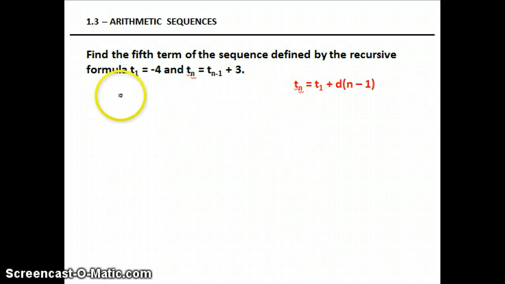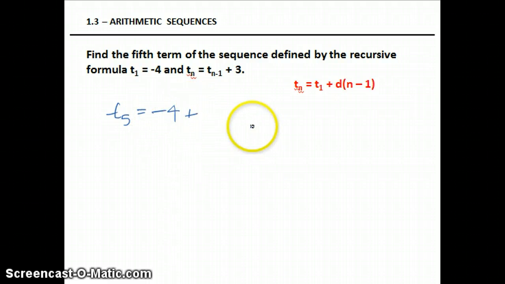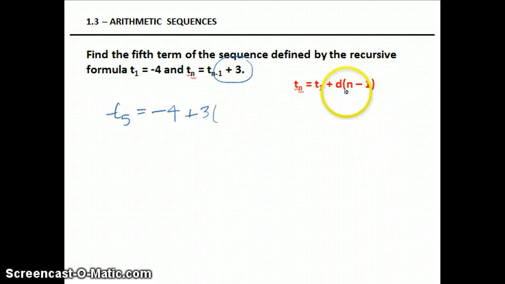We need the fifth term, so we are finding t sub 5 equals t sub 1, -4, plus, we need a d. Well, if we look at our recursive formula, it tells us that our d is going to be 3. So we do 3 times n minus 1. Yeah, we know what our n is. It's our fifth term. So we have 5 minus 1.